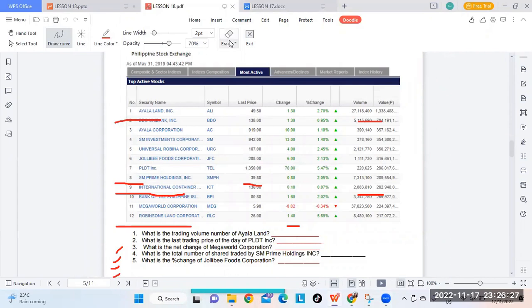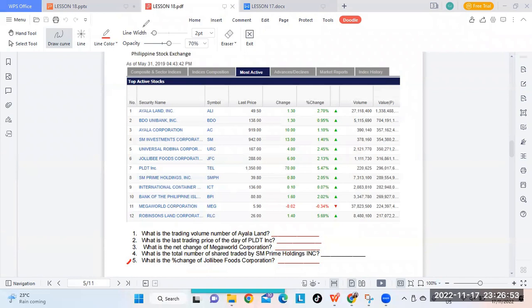And then, number 5. So for number 5, what is the percent change of the Jollibee Foods Corporation?